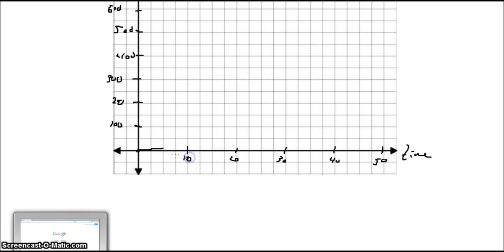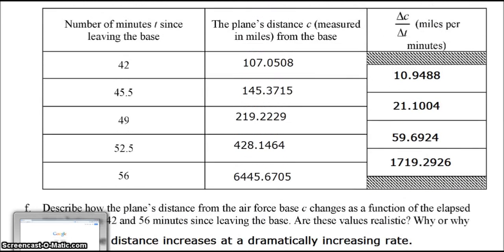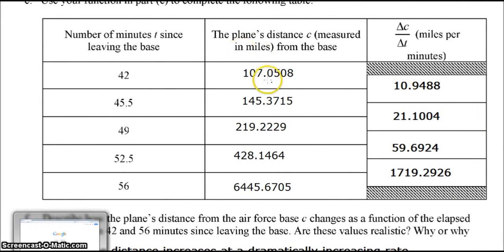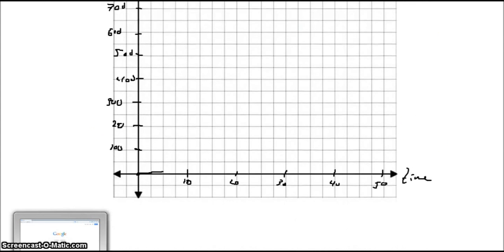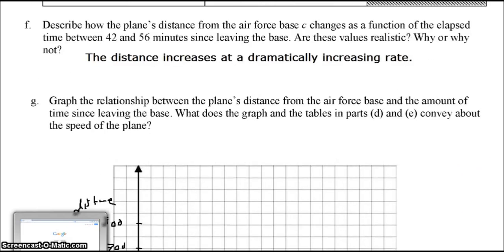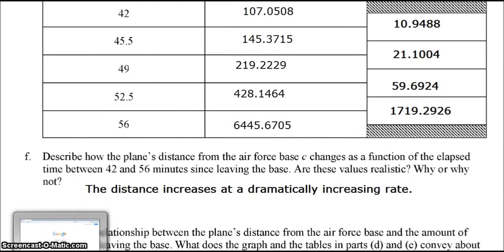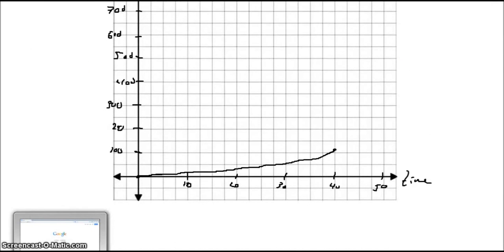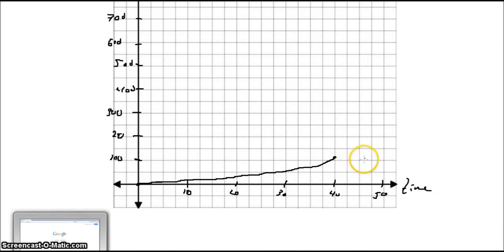This is 10. So, yeah, then when we get to 42, we're already at 107.058. So we're up here, but notice that there had to be a very gradual increase to get up to that point. Then, let's see, 45.5, we're at 145, so we start getting steeper kind of quickly.